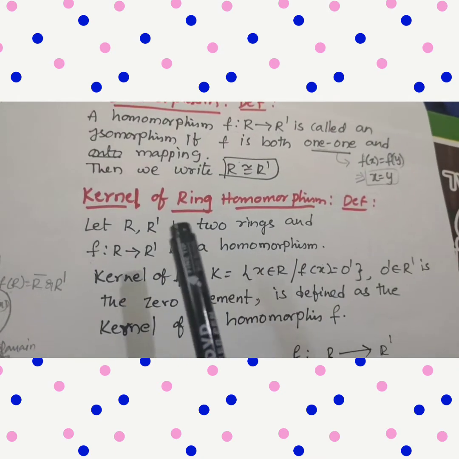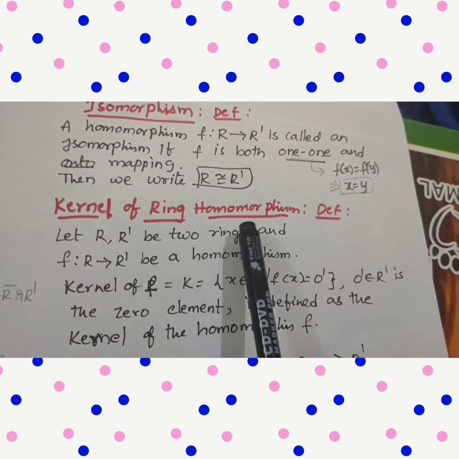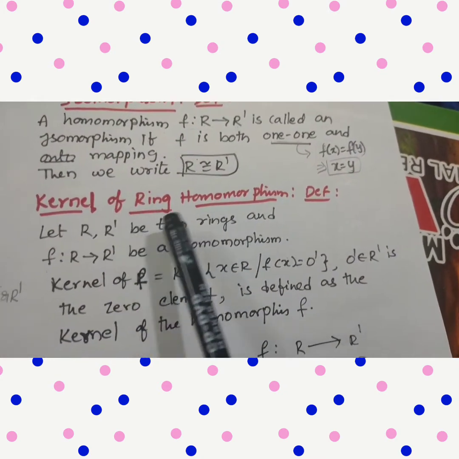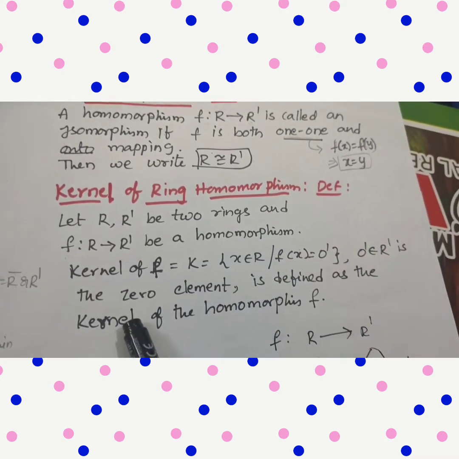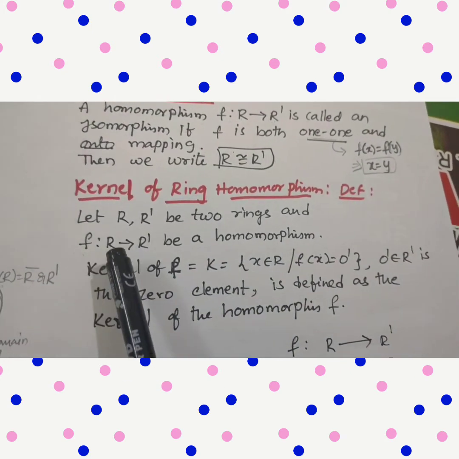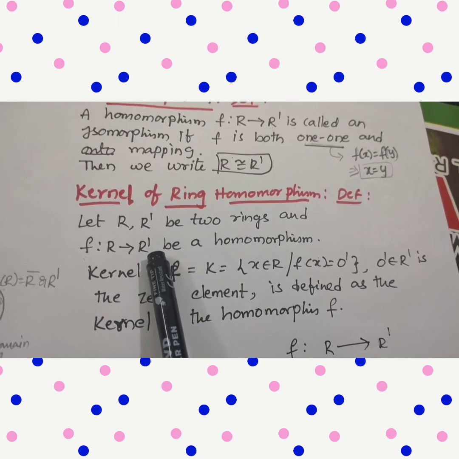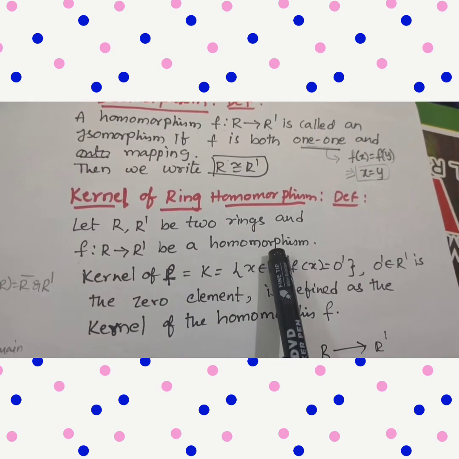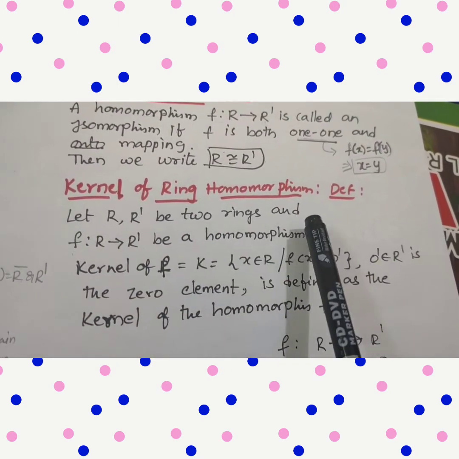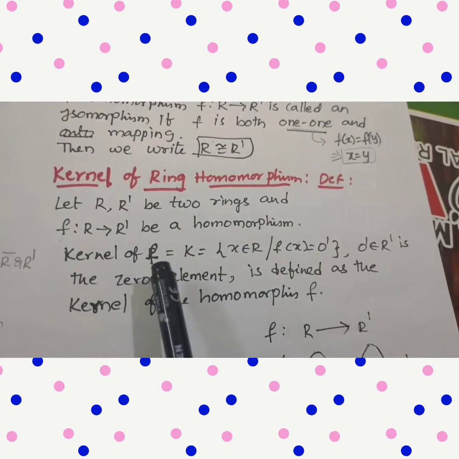And next, coming to the kernel of a homomorphism. How do we find the kernel of a homomorphism? Here f is a function mapping R to R dash, and it must be a homomorphism where R and R dash are two rings. Next, the kernel of f.